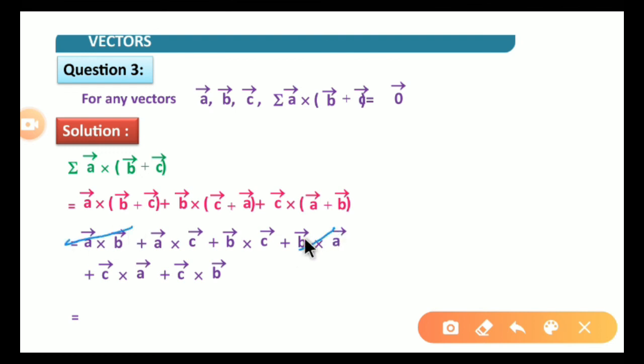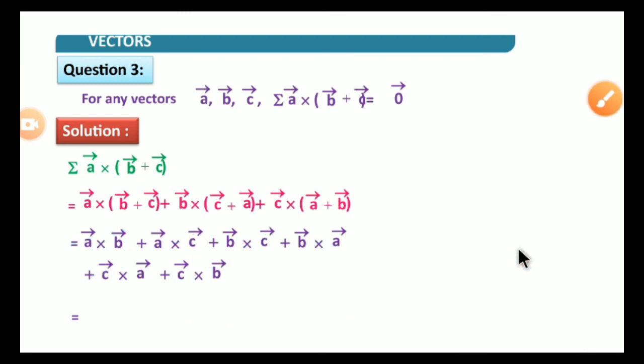Similarly, A cross C is the negative of C cross A, so we can cancel these two terms. B cross C is also the negative of C cross B, so we can cancel those terms also. See here, there is no term remaining in this part. Therefore, the final answer will be 0 vector.